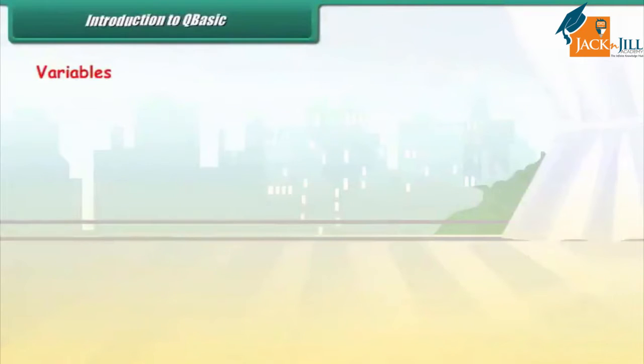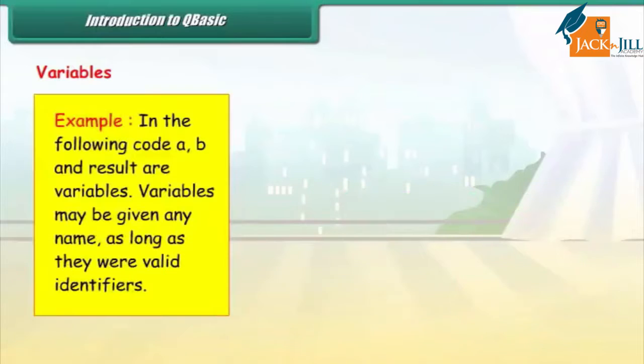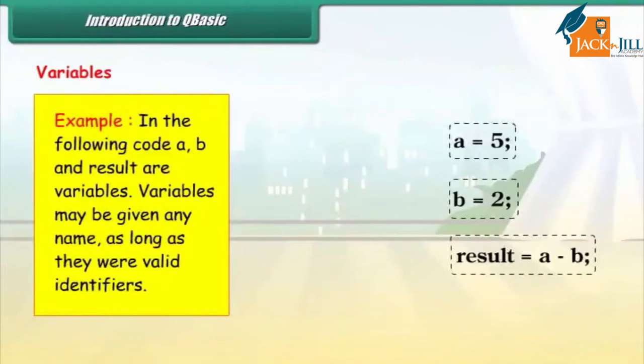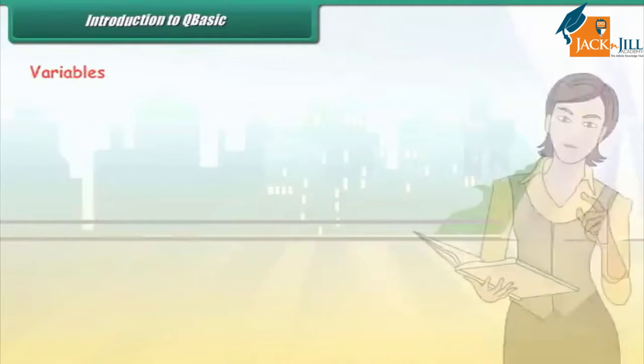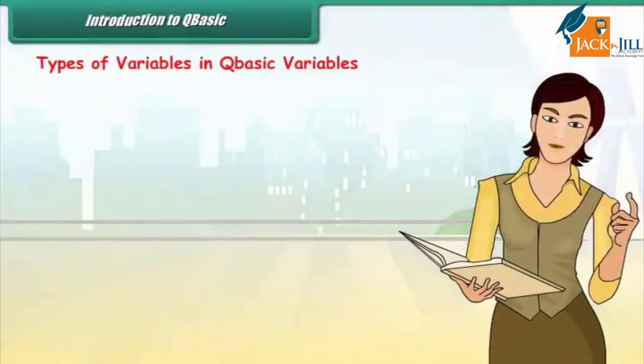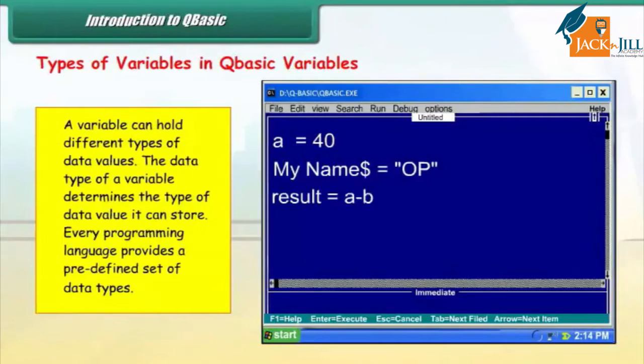Variables. A variable is a named memory location which is used to store a value during program execution. Types of variables in Qbasic. A variable can hold different types of data values.